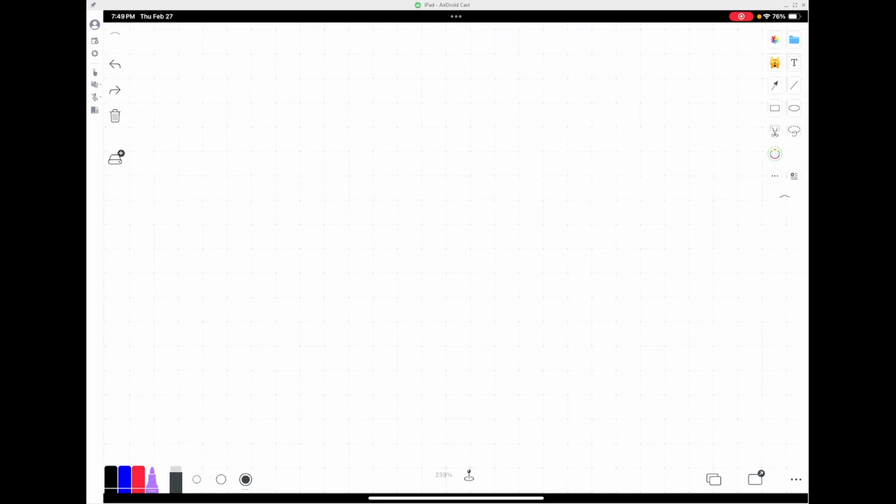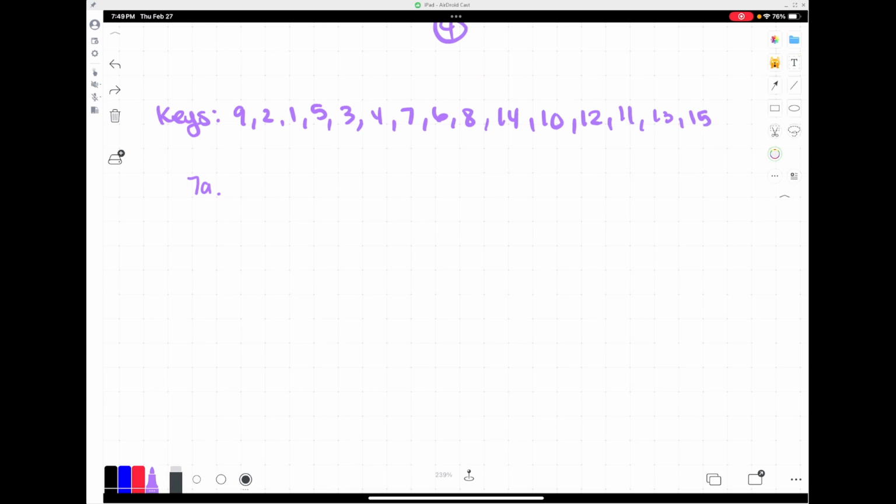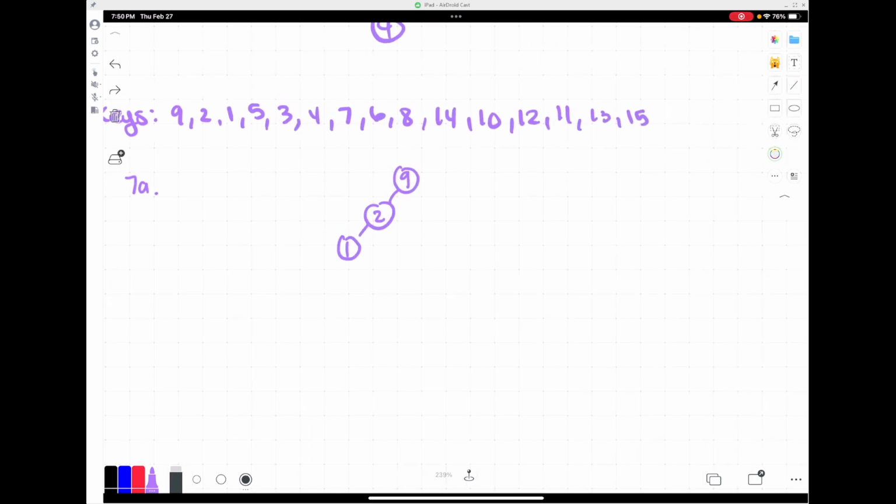So first we have to draw the BST. So we go from 9 to 2, because it's less than 9, and then we'll go in order, 1 is less than 2. And just remember, left hand side is for the numbers that are less than the node, and the right hand side is for the numbers that are greater than the node. So 5 would be here because it's less than 9 but also greater than 2.